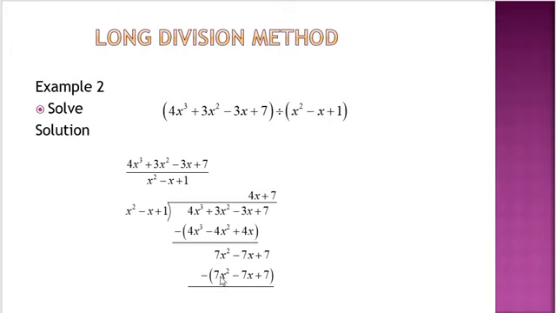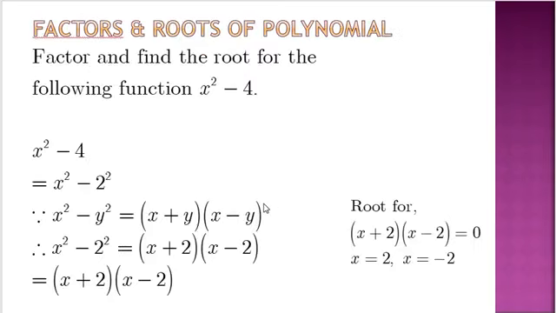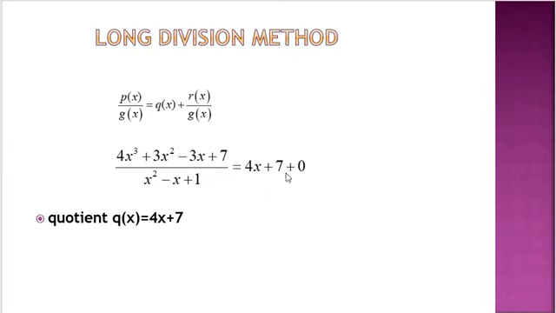So the upper and the below are equal, and you get no remainder. Your result will be just 4x plus 7, because there is no remainder over here. According to the general form of this long division, this is what we get, 4x plus 7, that's it. Those are the examples I wanted to show.